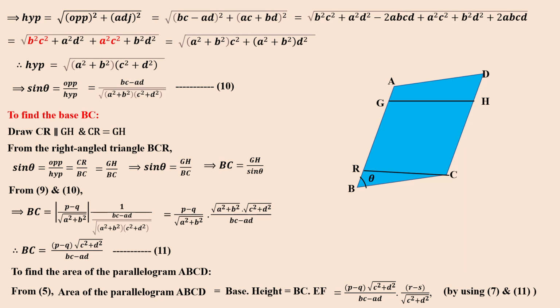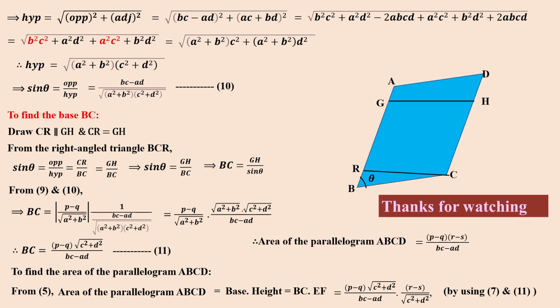So root of (c square plus d square) in the numerator and in the denominator get cancelled. So the remaining term: the area of the parallelogram ABCD is equal to (p minus q) into (r minus s) by (bc minus ad). It should be a positive area, so it should be inside the modulus: modulus of (p minus q) into (r minus s) by (bc minus ad).